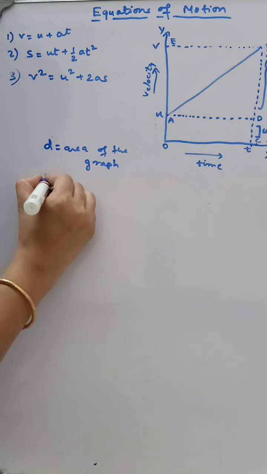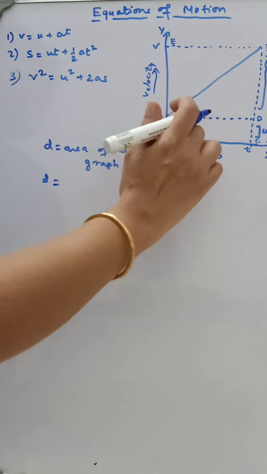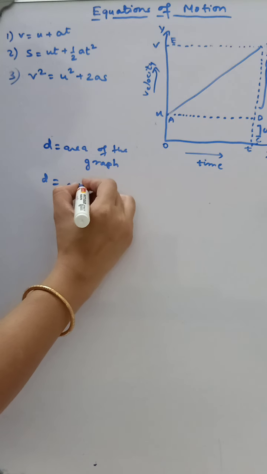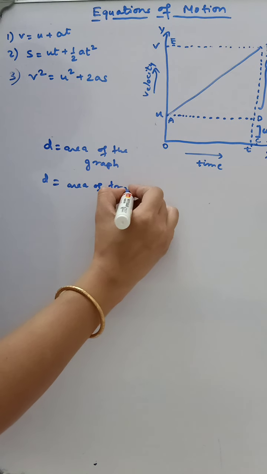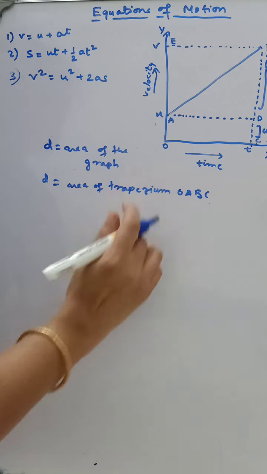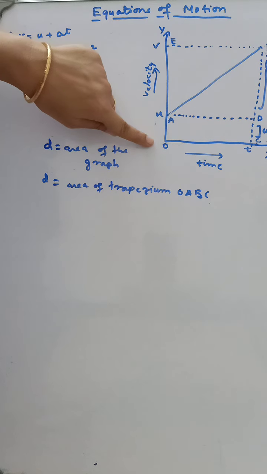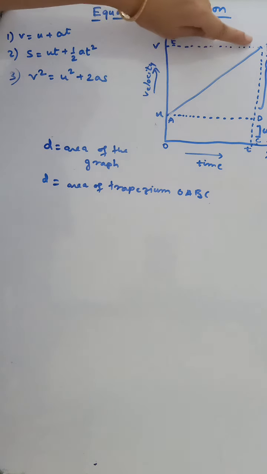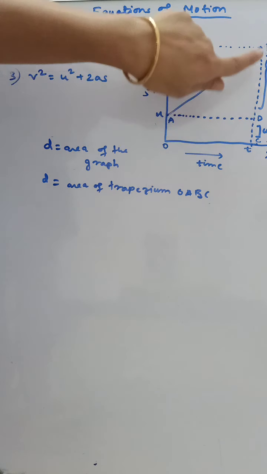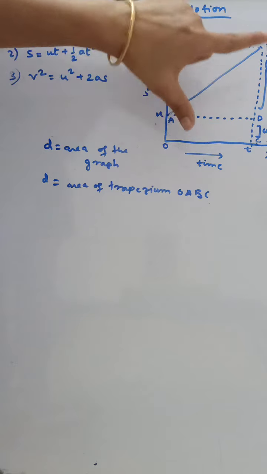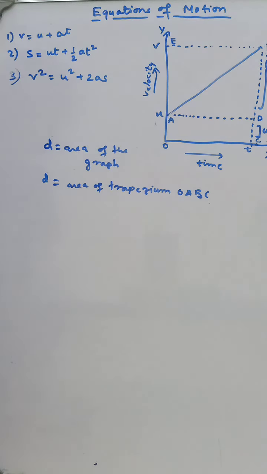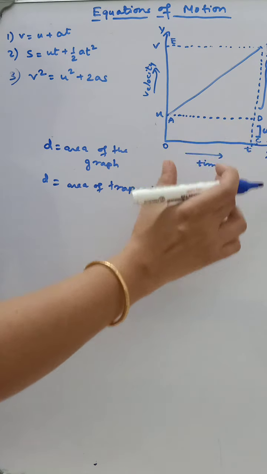So distance will be equal to the area of the graph, that is OABC, a trapezium, because the body is travelling from O to A, then reaching B, in time t seconds.